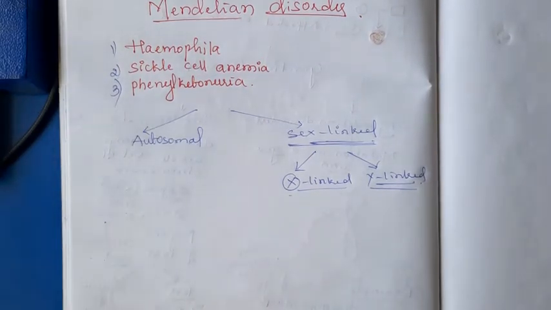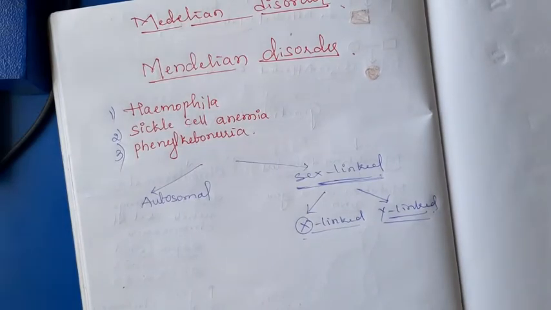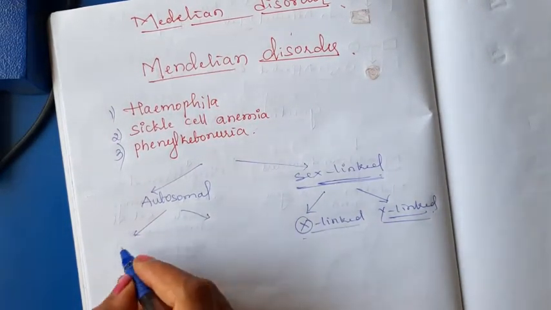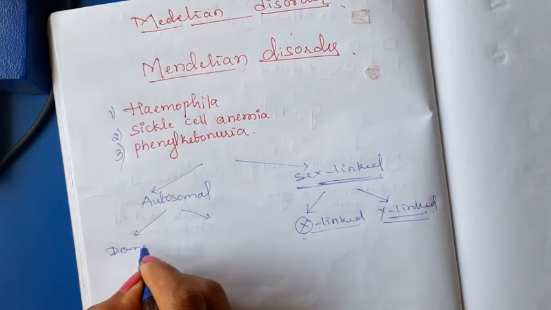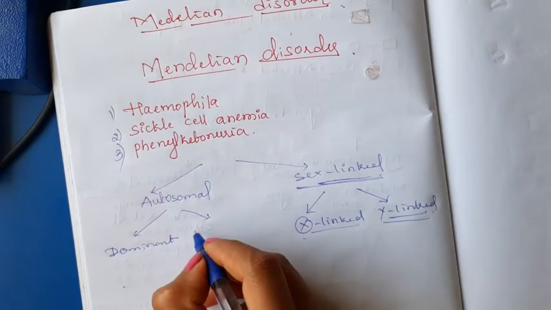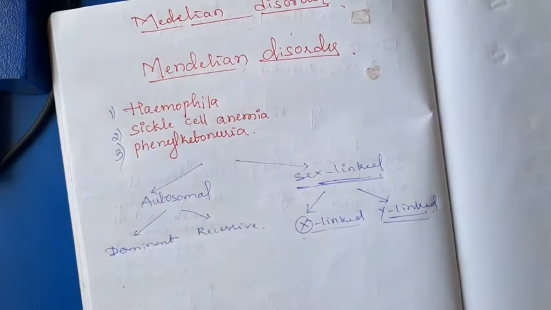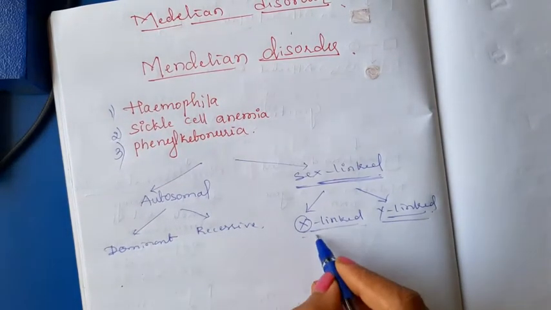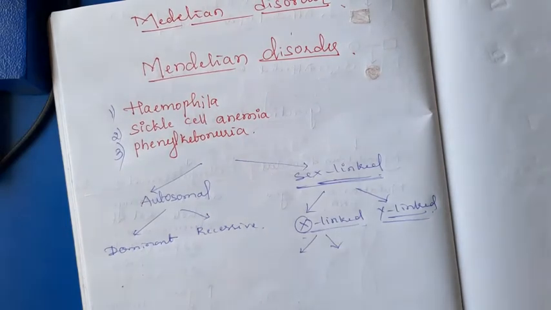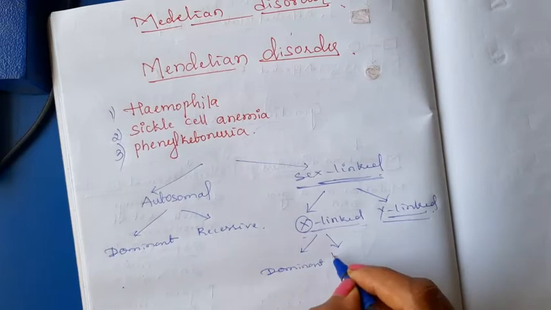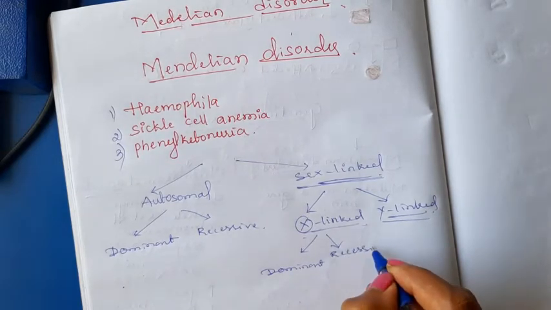Okay. In the autosomal disorders, again we can categorize into dominant and recessive. Here in case of X-linked also we can categorize into dominant X-linked and recessive.